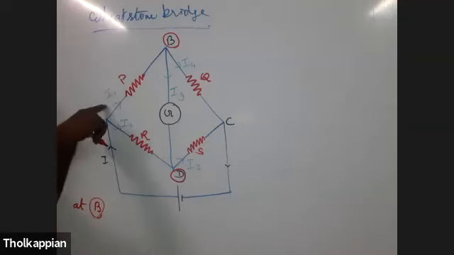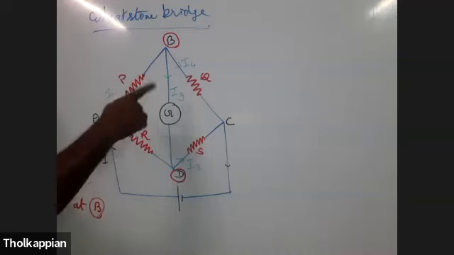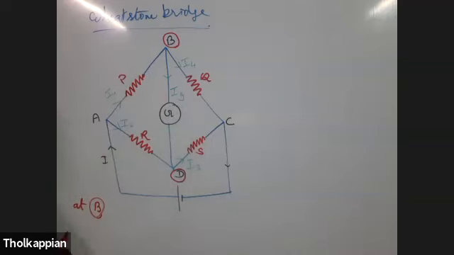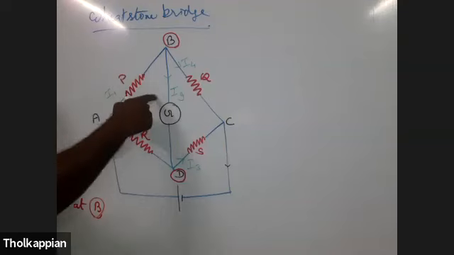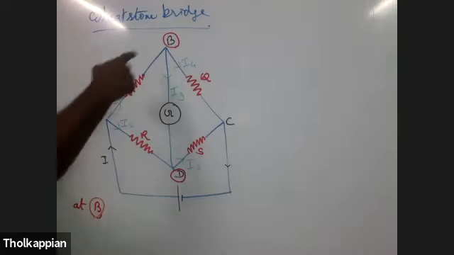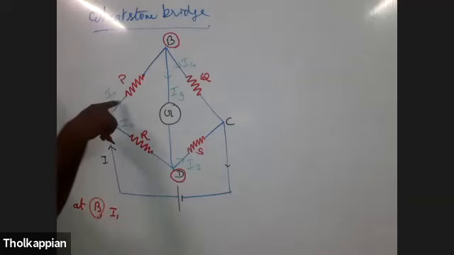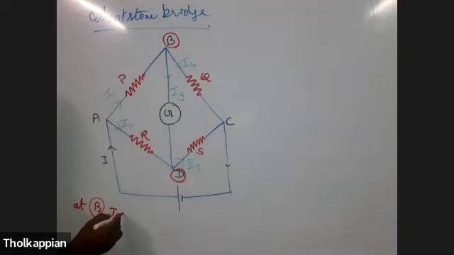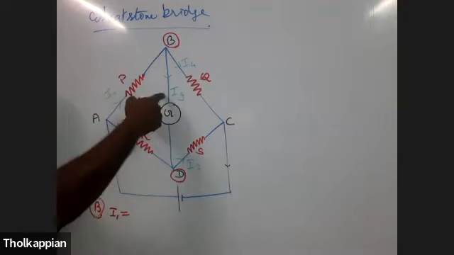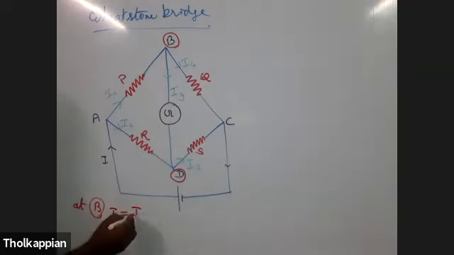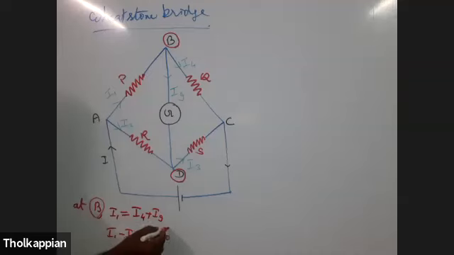The current coming towards the junction is equal to the current flowing away from the junction, or else the algebraic sum of the currents meeting at the junction is 0. So I1, the current flowing towards the junction, is divided as I4 and IG. So you can write I1 minus IG minus I4 is equal to 0.